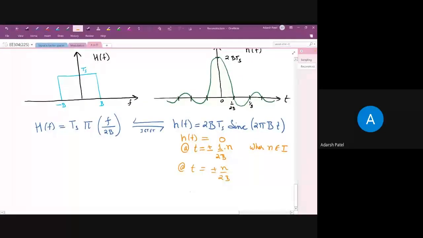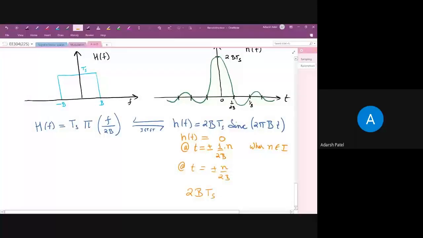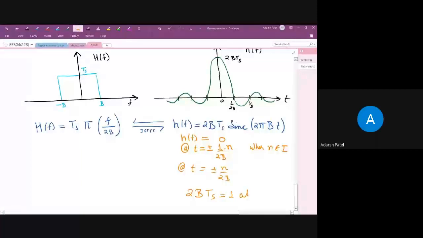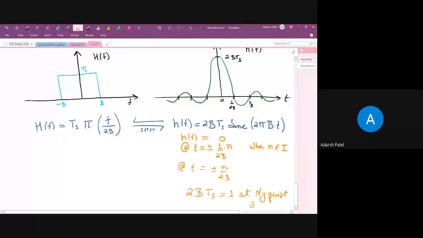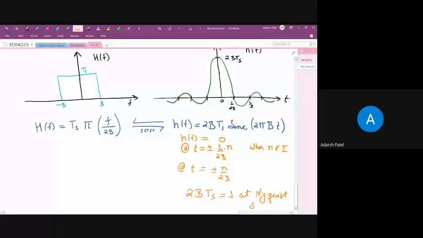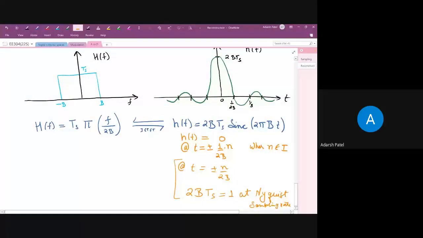What was the Nyquist rate? 2bTs was equal to 1 at Nyquist sampling rate. So this will come into picture, just hang on with that.